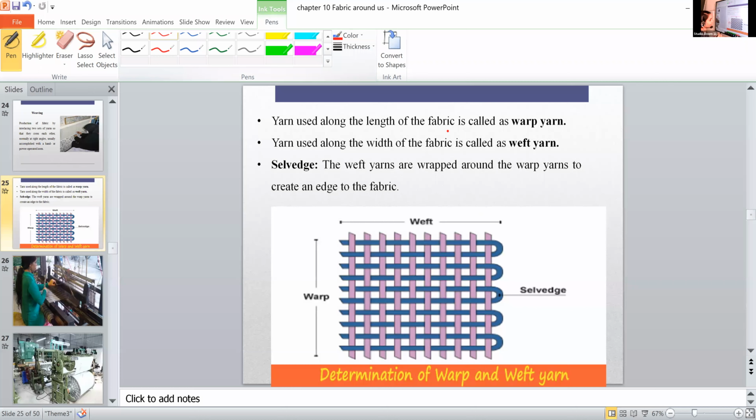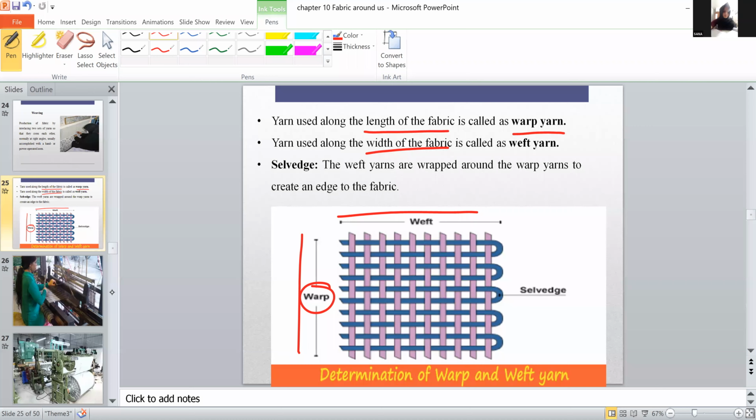The yarns used in the width of the fabric are called weft yarns. A fabric has a length and width side. Is it clear, Sana?